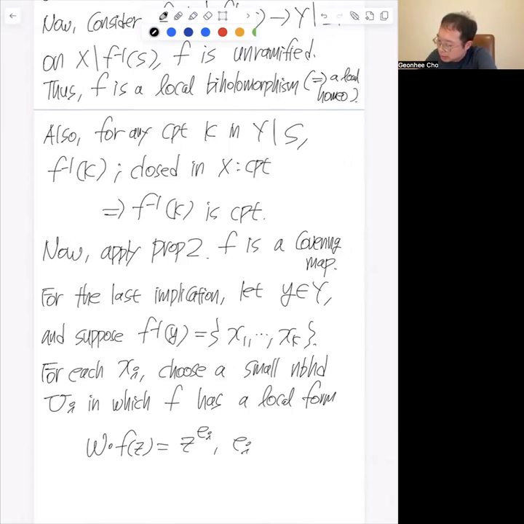So this e_i is the ramification index at each of these points. So we are able to write like this.